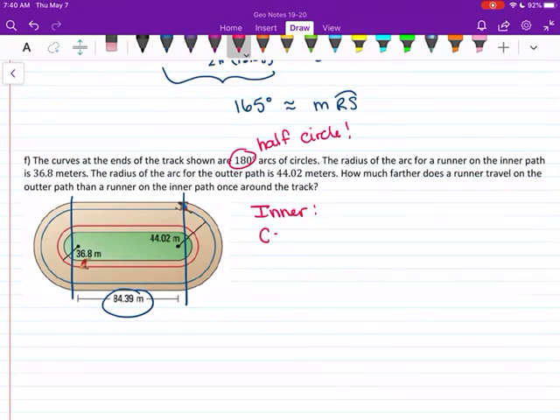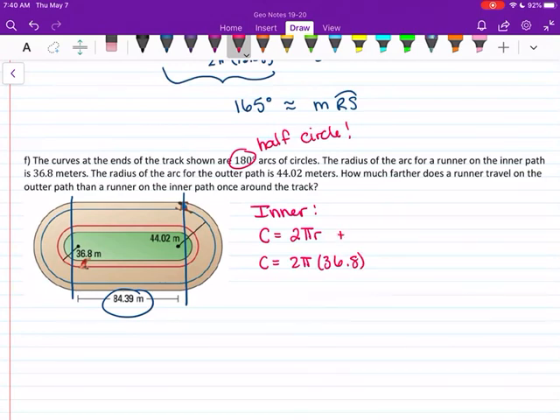Okay, so my circumference of that circle, so circumference is 2 pi r. So the circumference is going to be 2 pi times 44.02, which gives me, let's see here. Oh, that's the outer path. I picked the wrong number. Not 44.02. It is going to be 36.8. Okay, so the inner path is circumference.